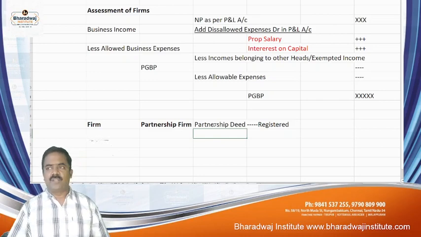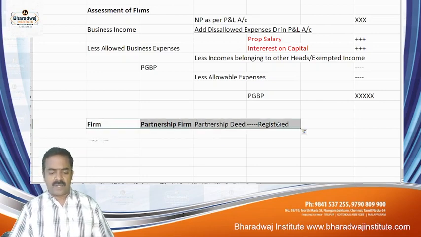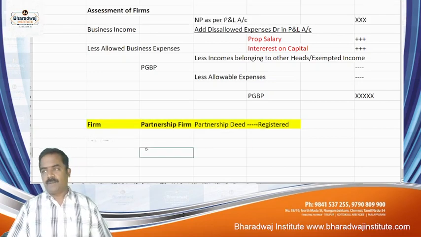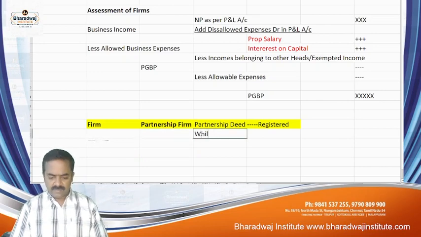If you have not registered the firm, it will be called an association of persons. So for assessing the partnership firm, the first important condition is that the firm must be registered.